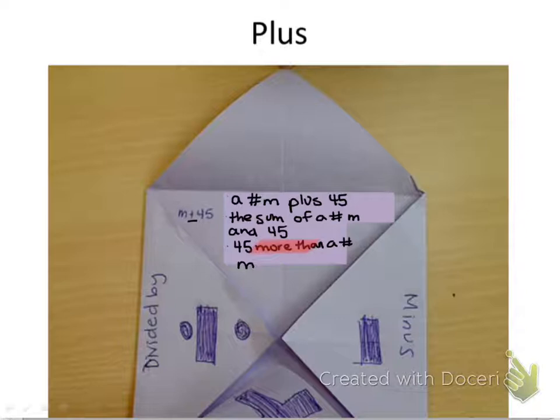Now on the top part of our foldable, the triangle, we're going to write all the different words that could tell us about addition. So one of them is plus. When you hear plus, you think addition. What else could we think of? Added to. Also more than.